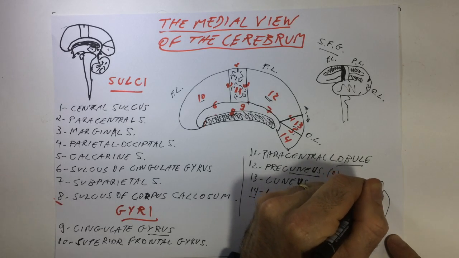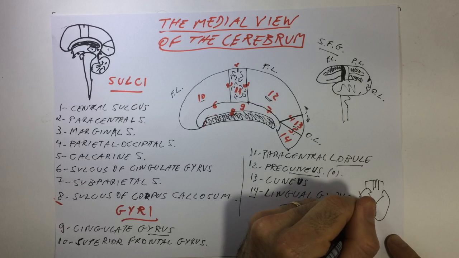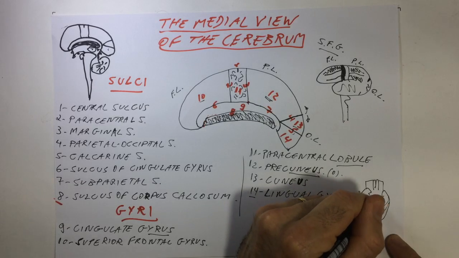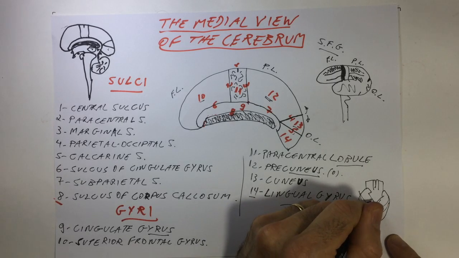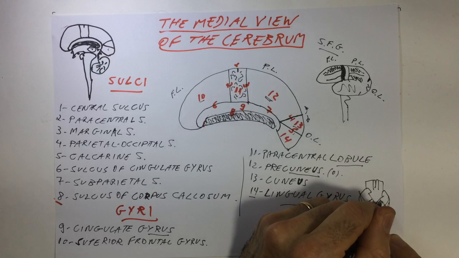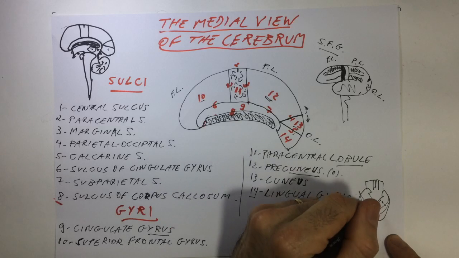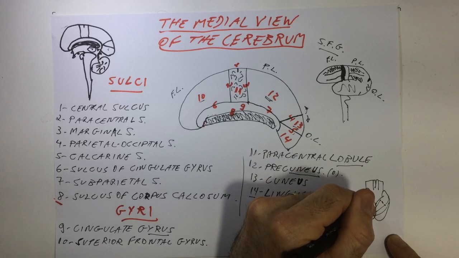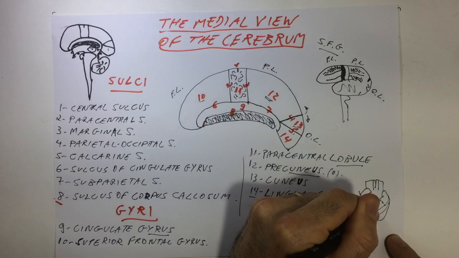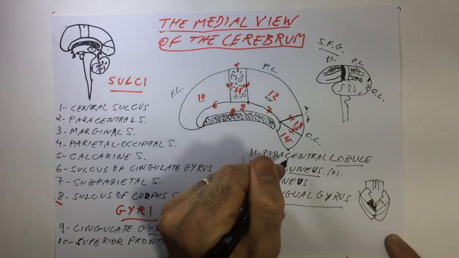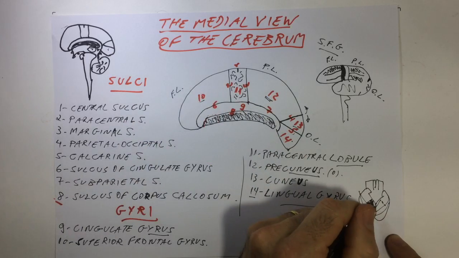If we get the inferior view, we are going to see that there is a gyrus. No, sorry, it's not lateral. It's the medial. It's this one here. This gyrus is actually the end of this gyrus here. It's another part of the same gyrus.